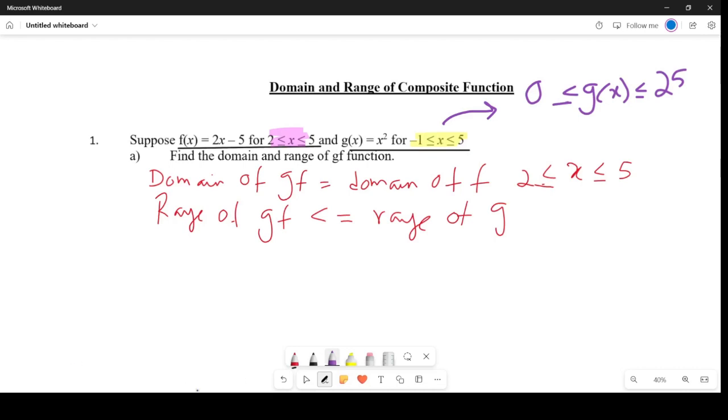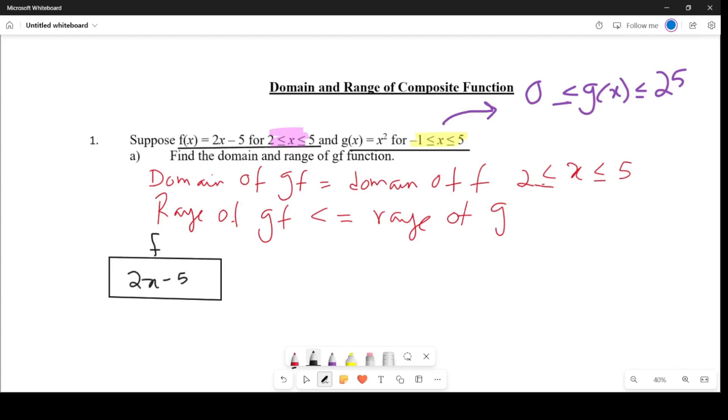Okay. Now, how do we find the range of GF? We use the method we used a while back to determine if a composition is possible or not. The inner function is f, which is the input function, 2x minus 5, and its allowed values are between 2 to 5.